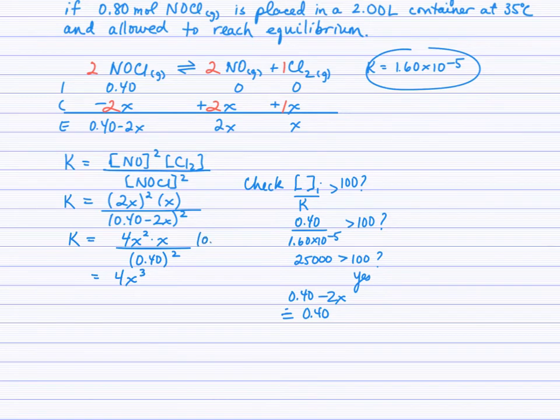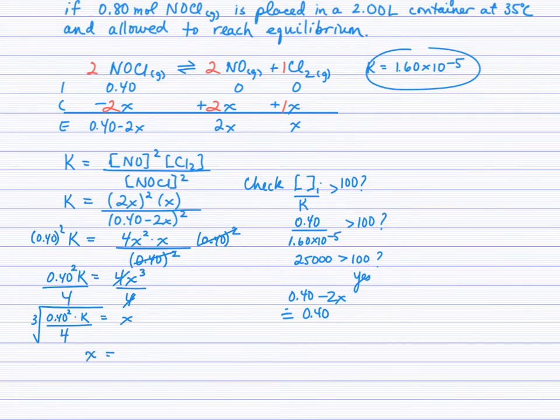And if I multiply on both sides by the 0.40 squared, then I'll have 0.40 squared times k, right? I can divide on both sides by 4, and then eventually take the cubed root of 0.40 squared times k divided by 4.